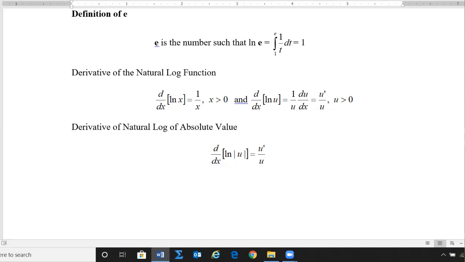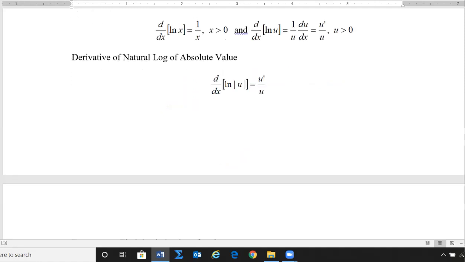The natural log of the absolute value of u is u prime over u also. So in general, when we integrate, we'll always assume, coming backwards, that we have this more general form, the absolute value of u, even if we don't need it.